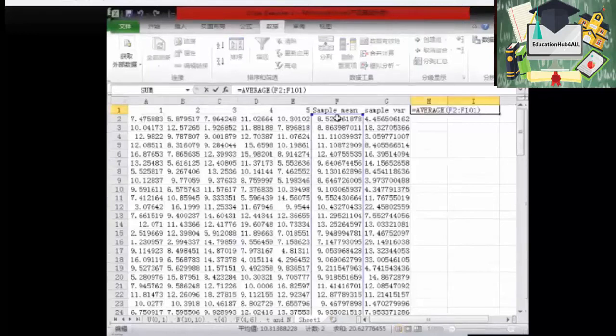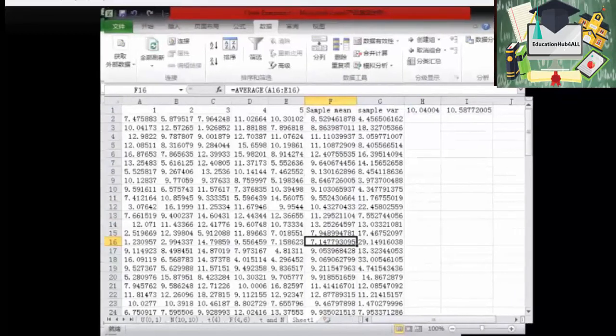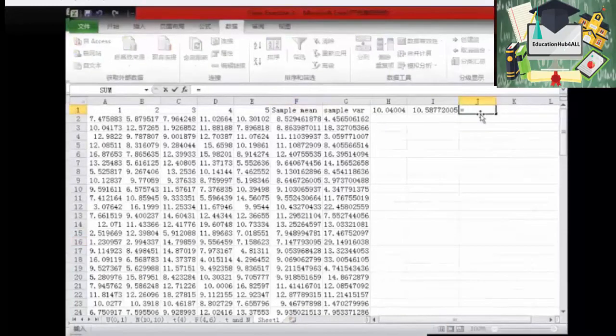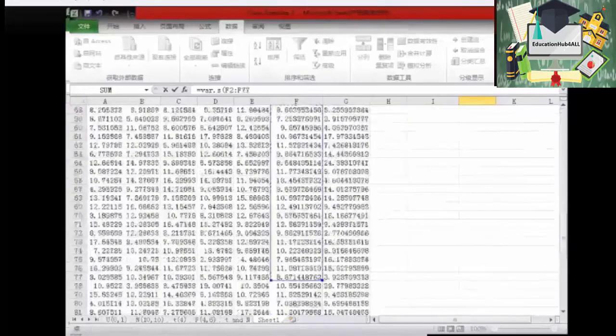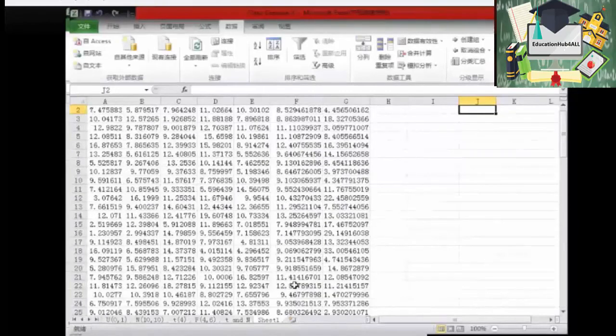Basically, it's the variance of these 100 values. Try to find that to see whether it's close to 2 or not. If it's not close to 2, something is wrong. It's VAR.S again. For the variance of the sample mean, you just use the variance and select the 100 sample means. Enter.